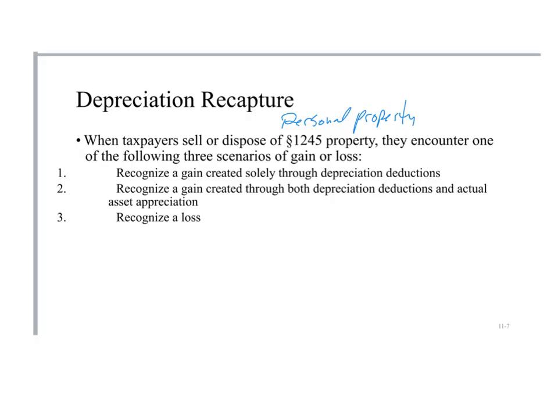You recognize a gain solely because of depreciation deductions. You recognize a gain created through both depreciation and actual asset appreciation, or you recognize a loss. So you've got those three situations.